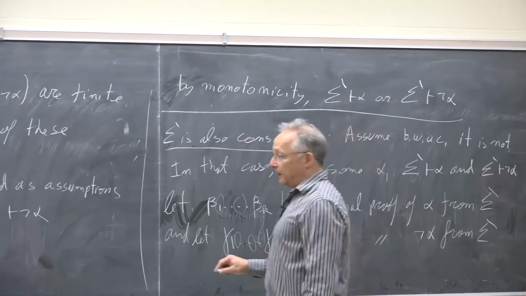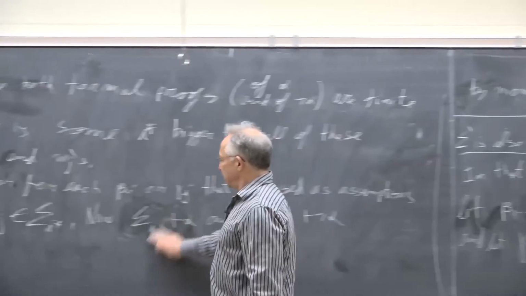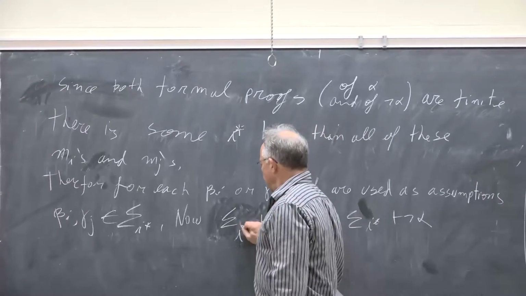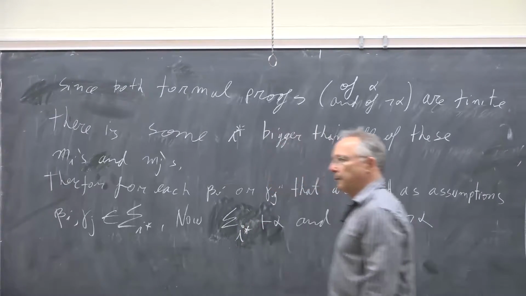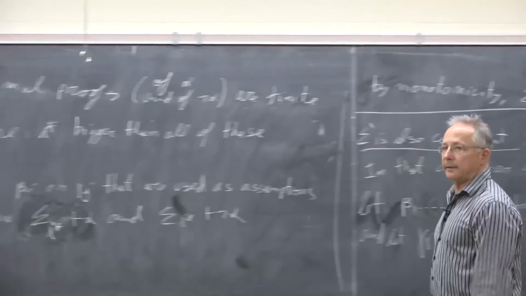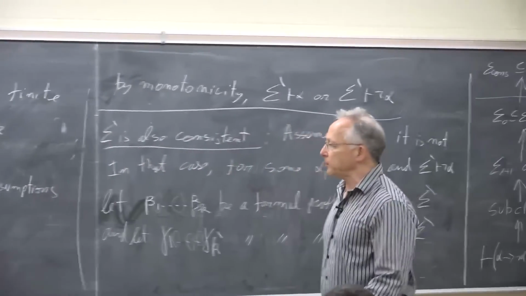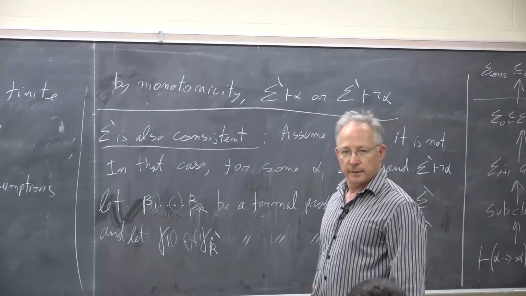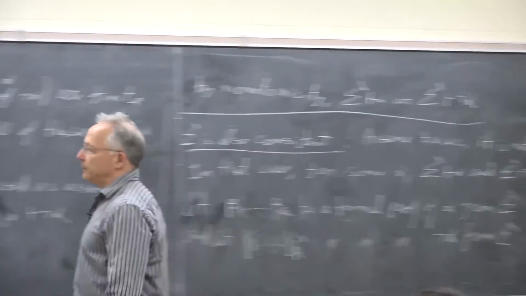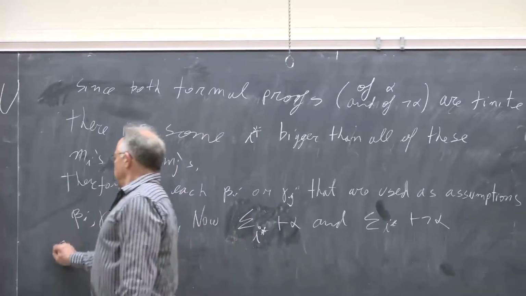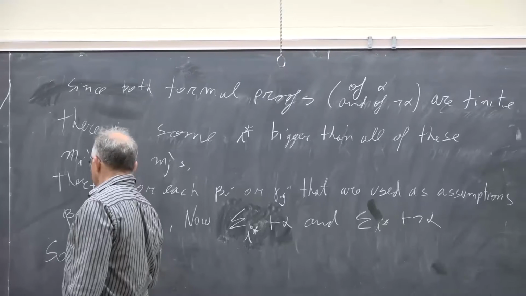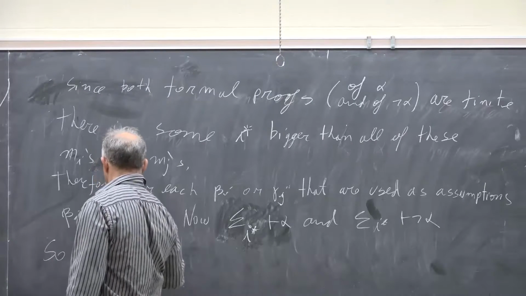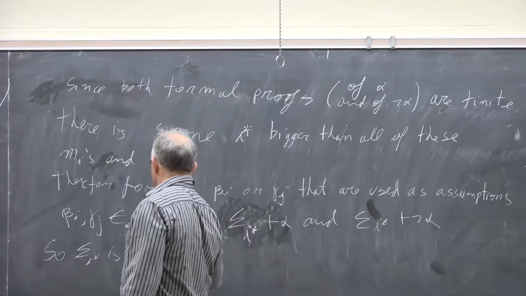So the sigma I star contains all the assumptions that were used. So sigma I star is inconsistent.